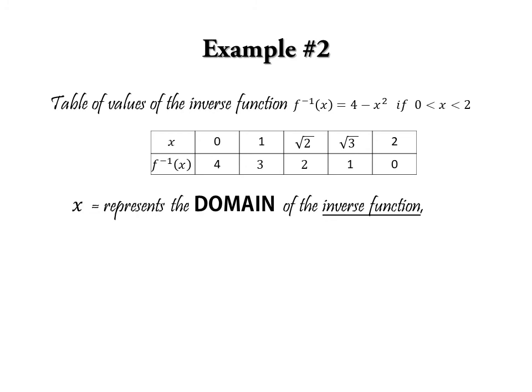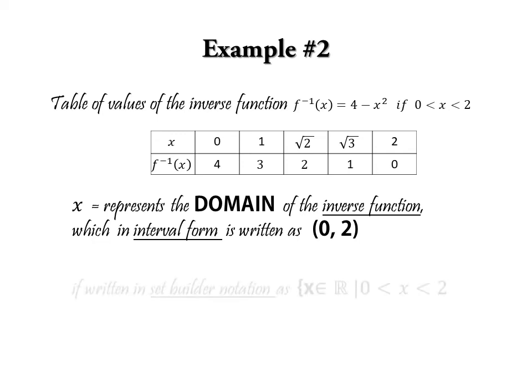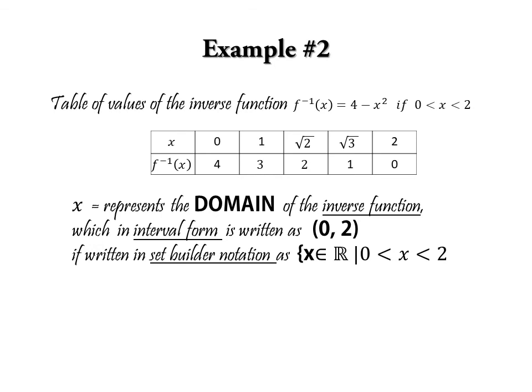X here represents the domain of the inverse function, which in interval form can be written as open interval 0 to 2. It could also be written in set builder notation as x is an element of R where x is greater than 0 but less than 2.